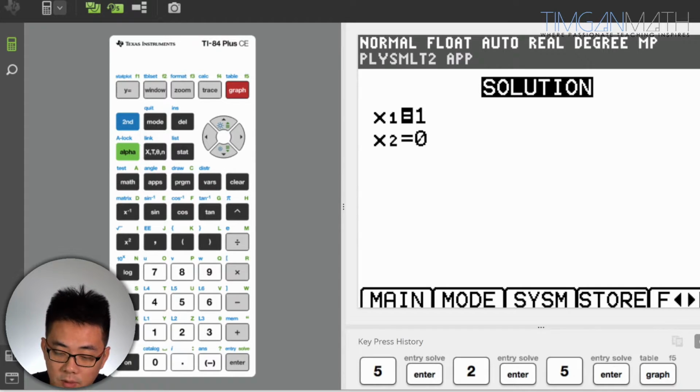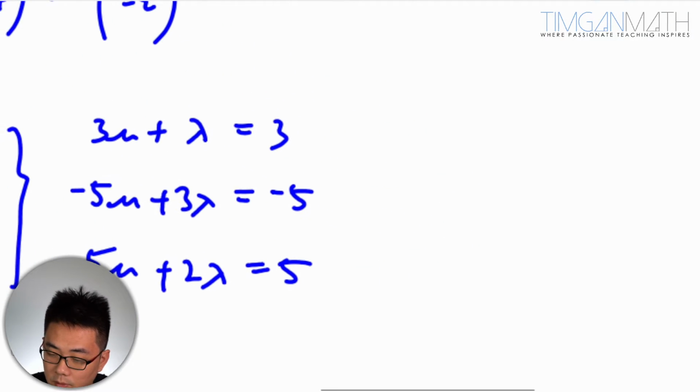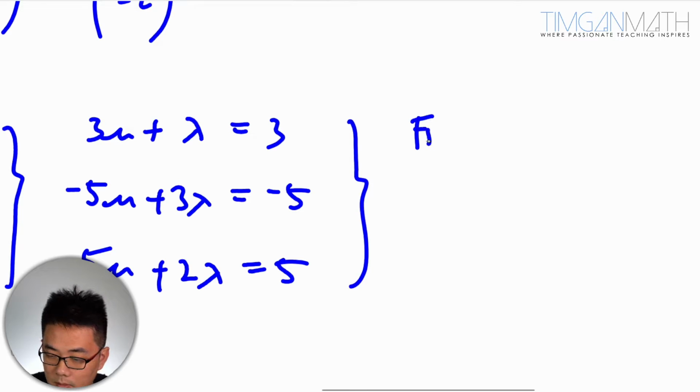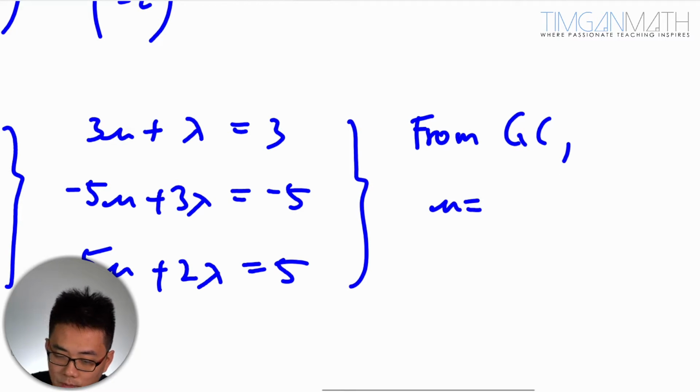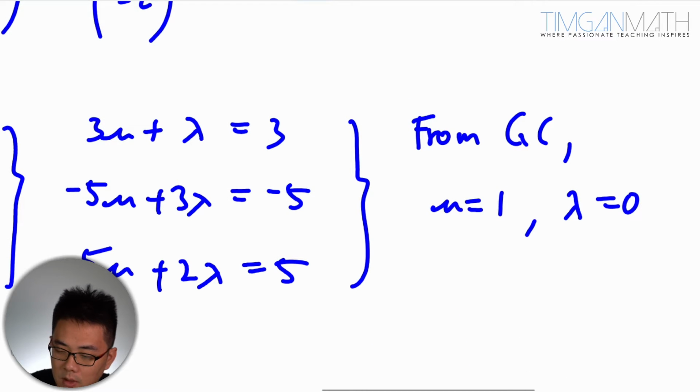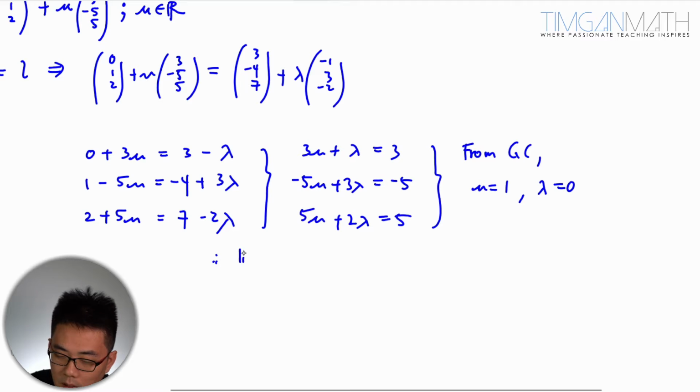From the GC, mu equals 1, lambda equals 0. So hence, lines M and L are intersecting. This is important.